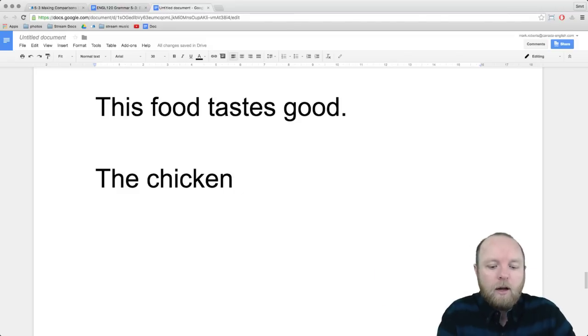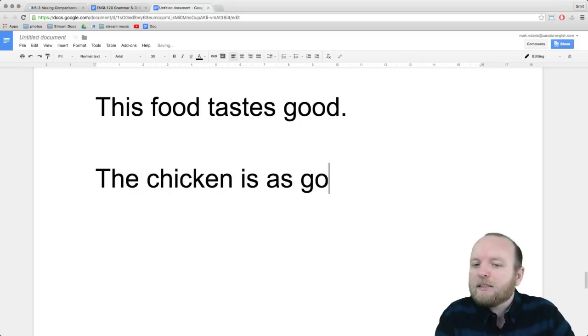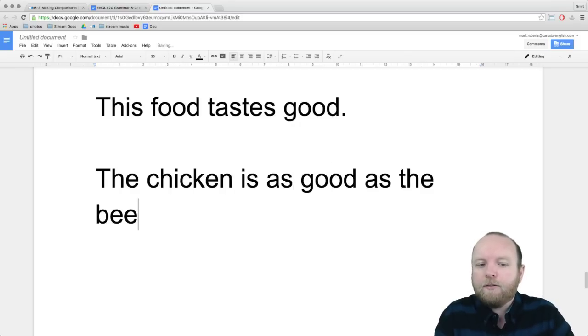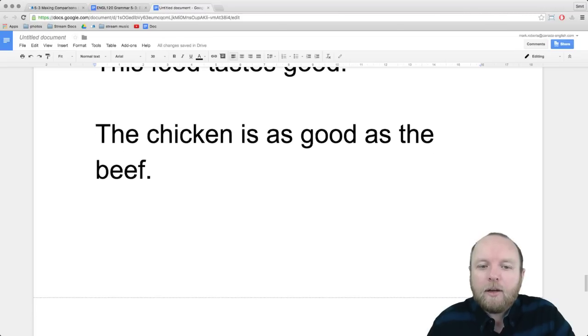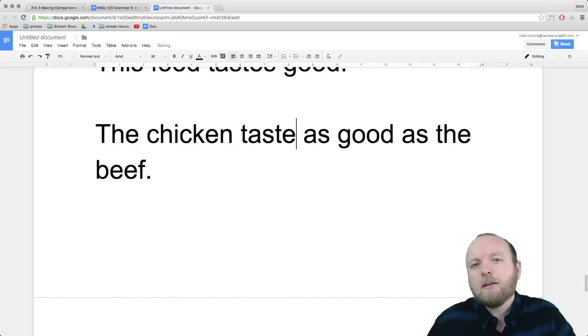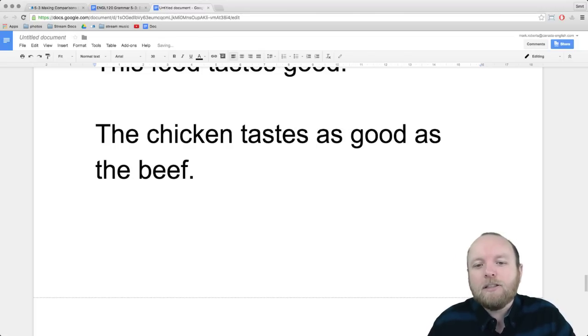Well, the chicken is as good as the beef. They're equal, right? Now here we have a linking verb, so we use an adjective. Sabrina, what's another linking verb? Well, taste. Taste is a linking verb. So, the chicken tastes as good as the beef. You see, we just say good, not well.